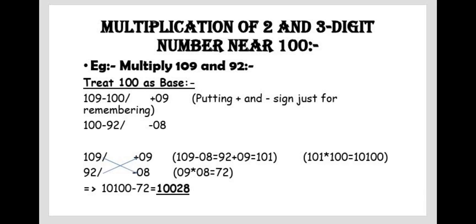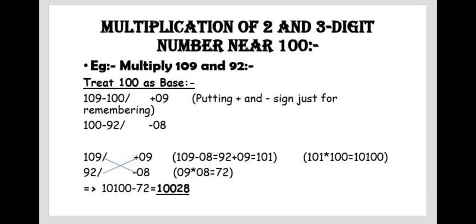Then next we will multiply the resultant. Here the resultant we were getting is 101, so we'll multiply this by 100. So 101 into 100, we will get 10100.